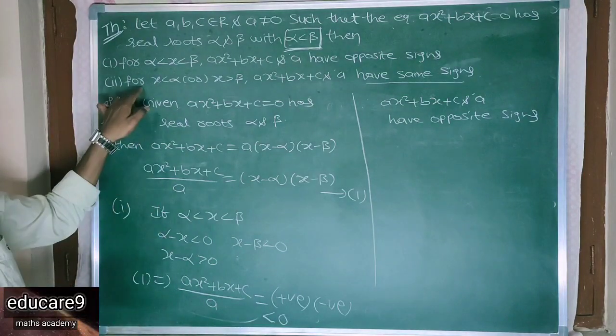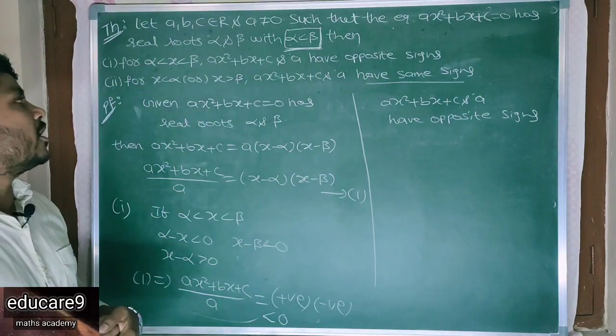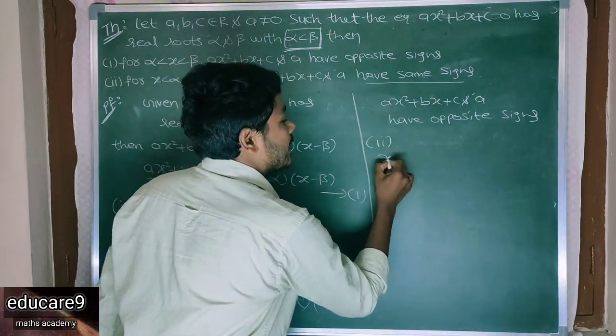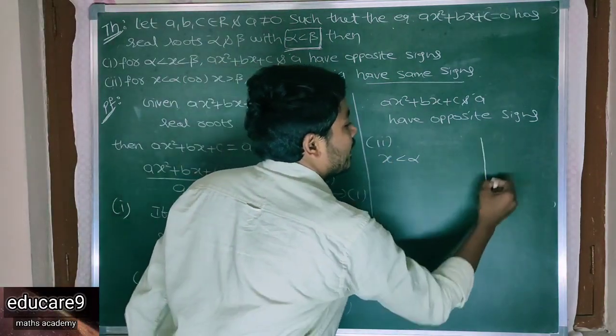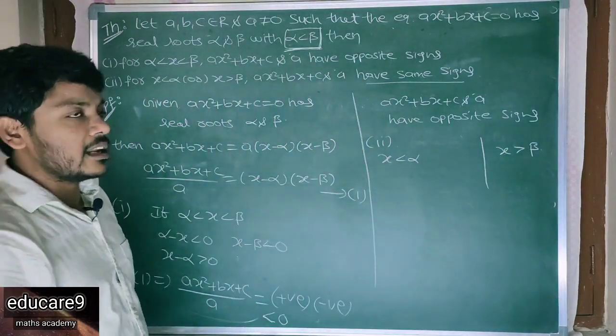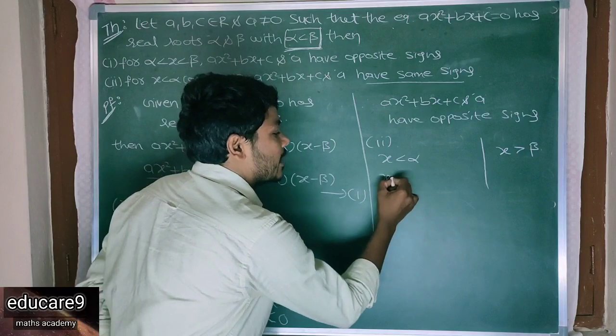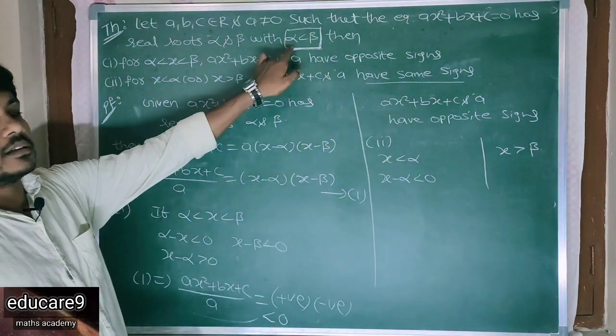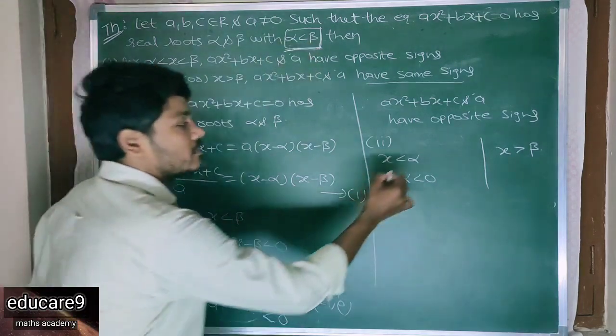And the second case is if x less than alpha or x greater than beta. See here, x less than alpha means x minus alpha is less than 0, and one more condition, alpha is less than beta.